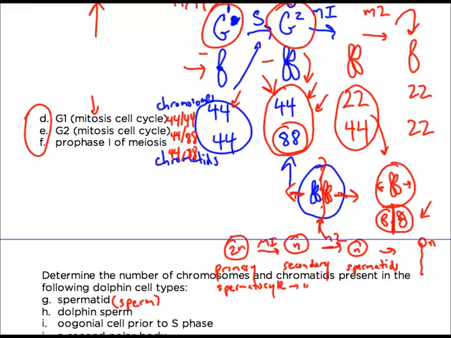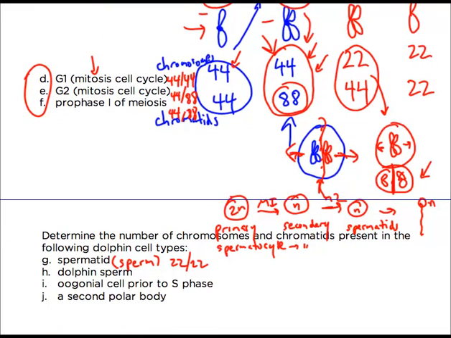Once it's all done and a gamete for all purposes has been created in this dolphin, we're going to have 22 chromosomes, each of which consists of a single chromatid, so it's 22 and 22. And then look, in H, it's the same thing. It's a dolphin sperm. So we just got finished saying that while a sperm is more mature in terms of the development of the cell, genetically it's identical.